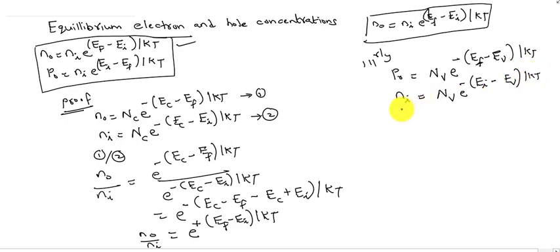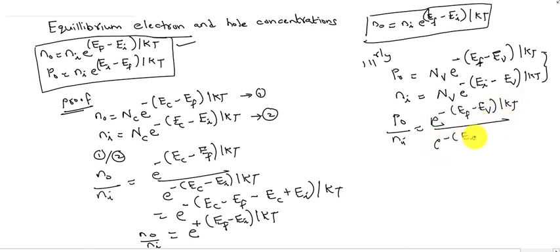Again dividing these two equations, p0 by ni is equal to e raised to minus of (Ef minus Ev) by kT divided by e raised to minus of (Ei minus Ev) by kT.